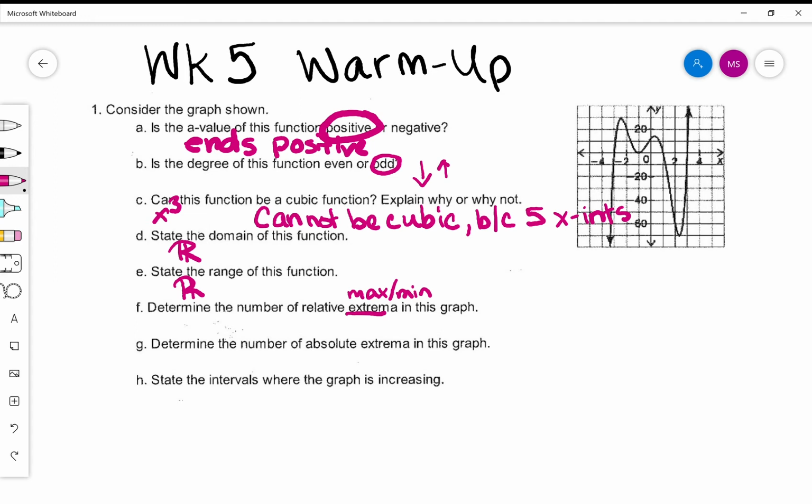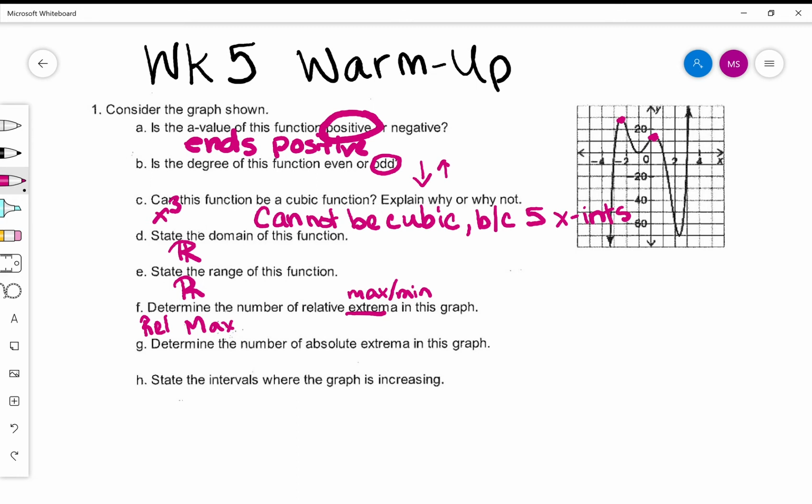All right, so the answer is, and I'm going to highlight it as I go. So for the relative max, obviously we're looking at maximum points. So here is a max, here's a max. All right, so how do you know the difference between relative and absolute?